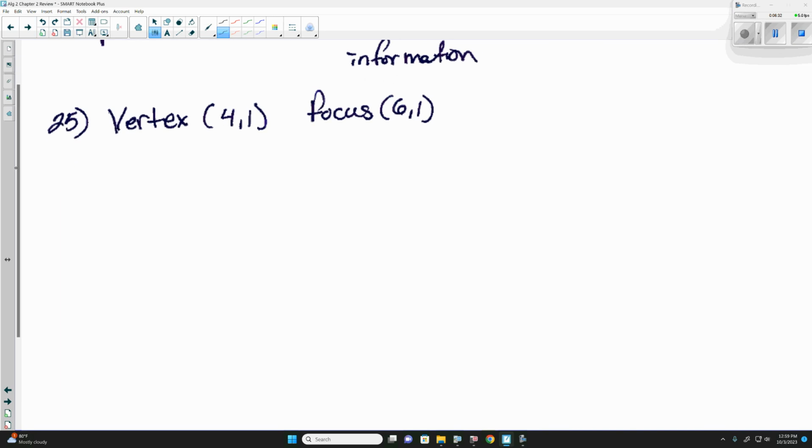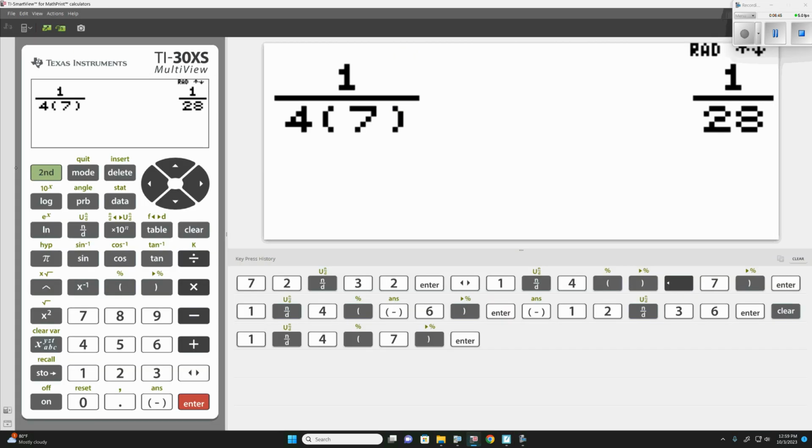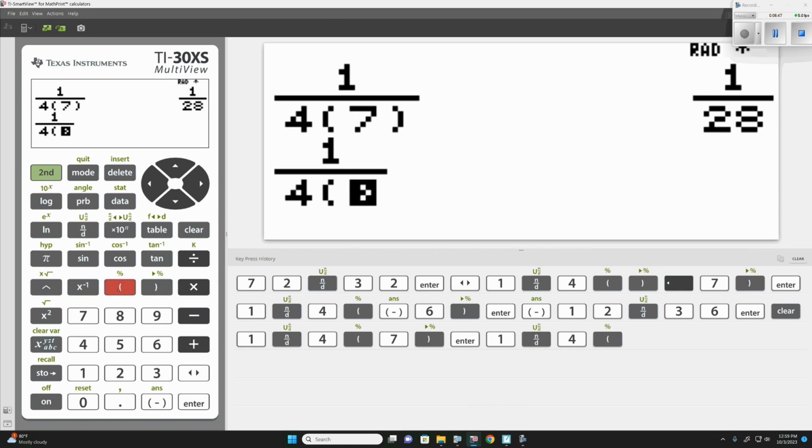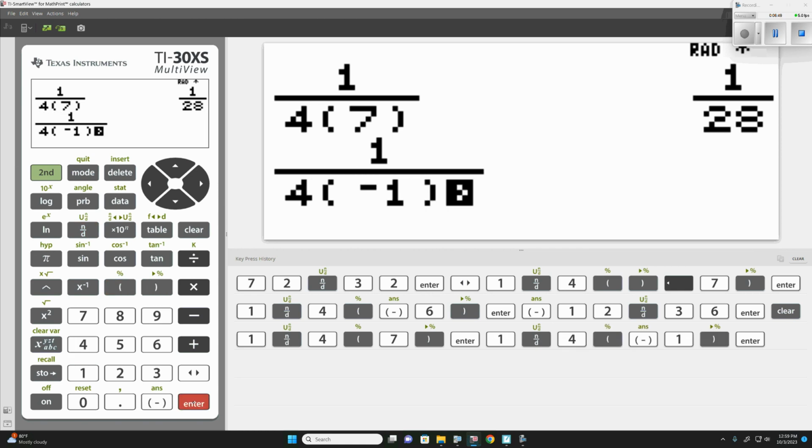Questions on these here with vertex and focus? I don't know if I heard you right, but didn't you say this, like on this one, how it's negative over, just leave it like that? So yeah, every time we have one like that, we need to simplify it, yes. And then the rest of it stays the same.